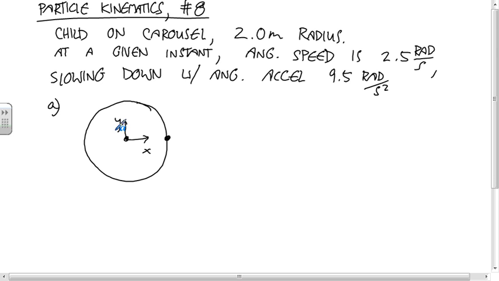And then it asks for angular velocity and angular acceleration vectors. This problem doesn't say anything about which way the carousel's rotating.